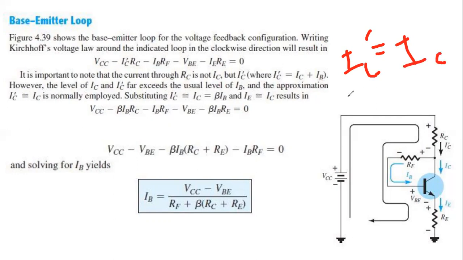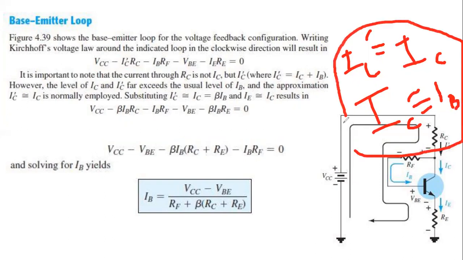And we also know that the IC is also close to equal IE, as the IB current is too small. So using these 2 assumptions, we can replace those 2 currents.